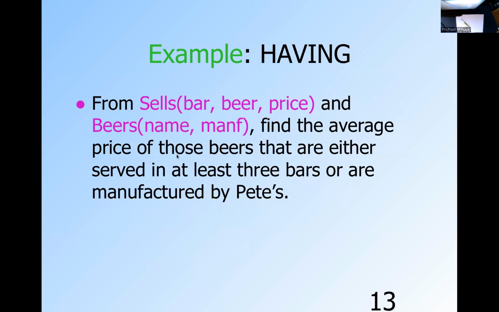Find the average price of those beers that are either served by at least 3 bars or manufactured by Pete's. So, served in at least 3 bars means that when we look at that aggregate function, it has to be applying to a group that is over the number 3.